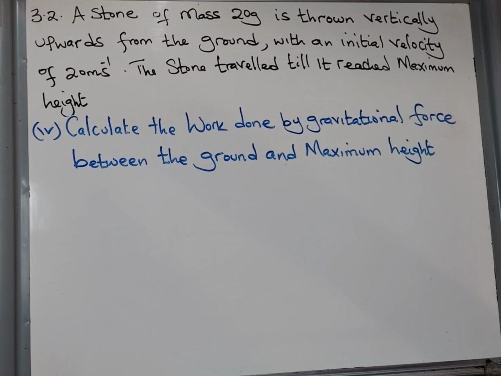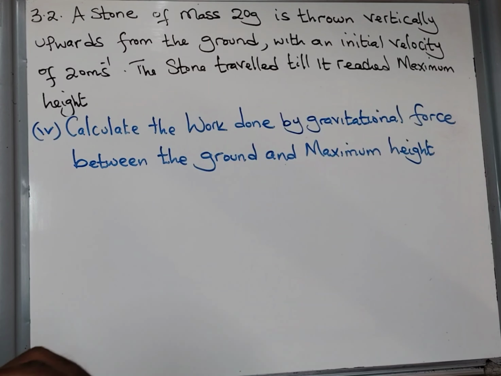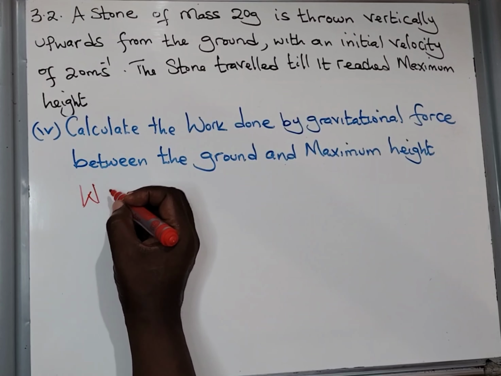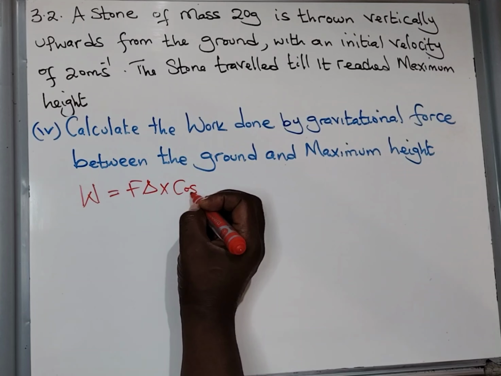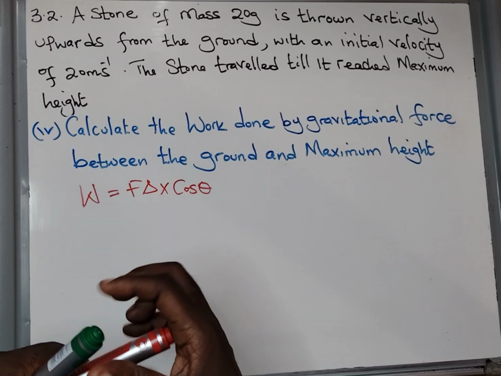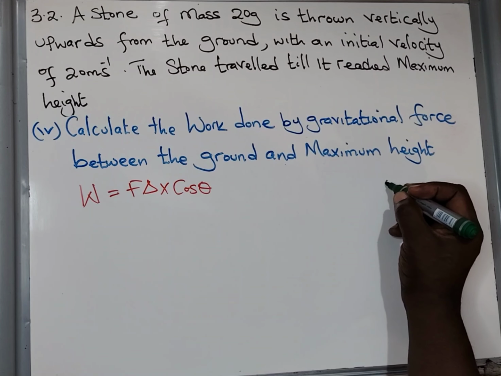Then comes this question. It says that calculate the work done by gravitational force between the ground and maximum height. Okay, how do you go about this? Here we can apply the general equation first. It says any work is equal to F delta x cos theta. But in this case, what are we considering? It is gravitational force. It requires a free body diagram.